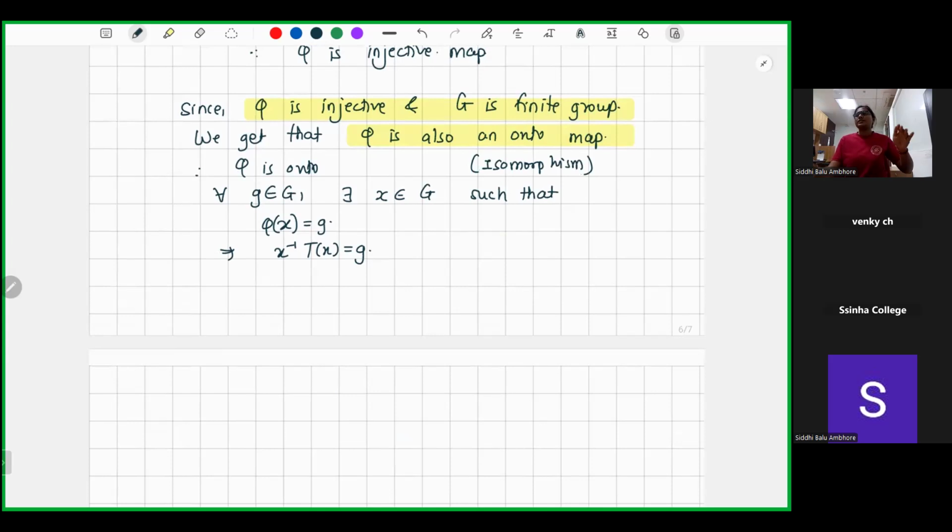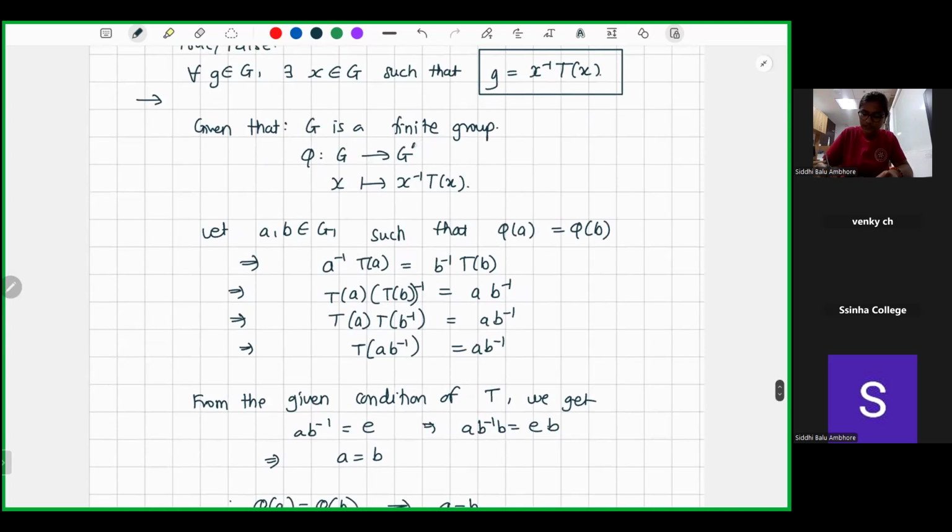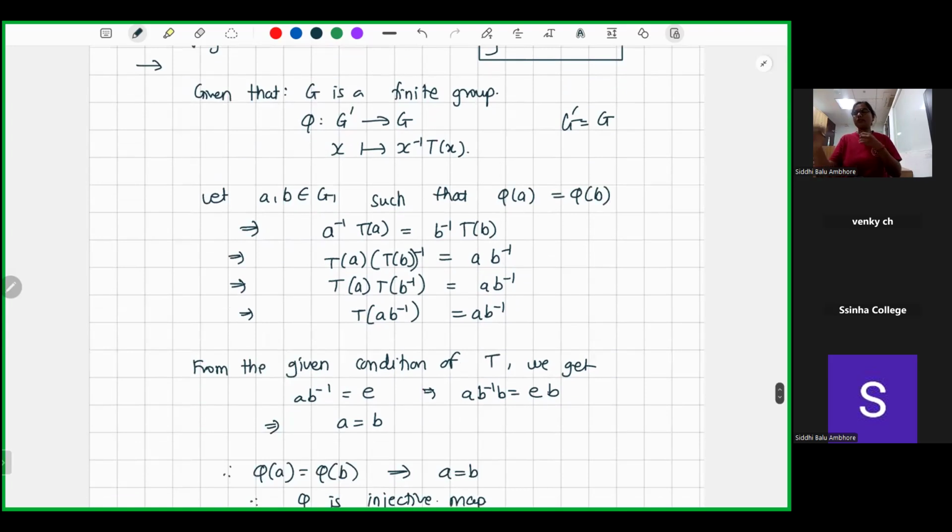So phi was injective, and because of the finite order of G, I get that phi is onto. And since phi is onto, if I write this G and G dash, anyway, G dash will also be equal to G. So for every element here, I get some x in G dash.